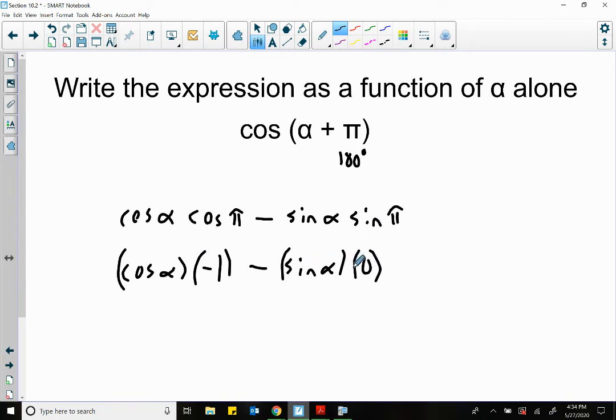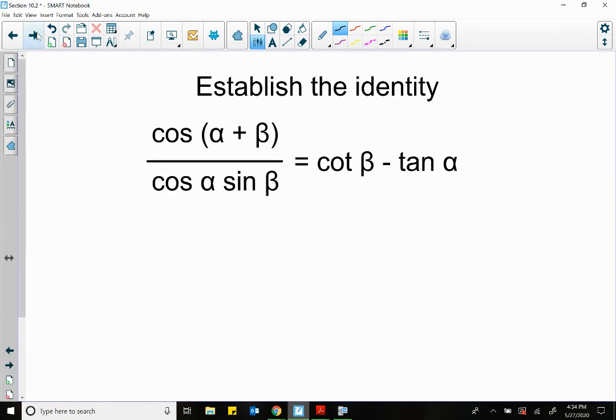Anything times 0 is 0, so this just goes away. And negative 1 times cosine is just negative cosine alpha. That's what they're looking for as your answer. Just a little bit of simplifying. Nothing crazy, I promise you. A lot of this is plug and chug, as I call it.